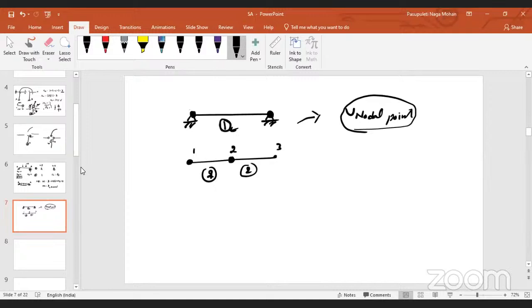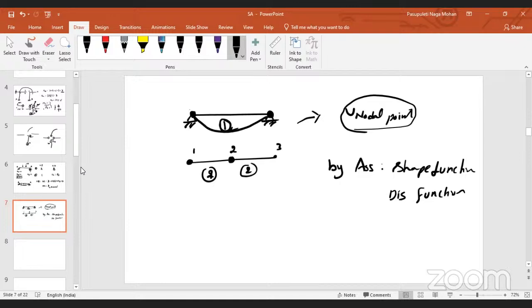After knowing the nodal point displacements, what will we use? We will assume a shape function, or we will consider it as a displacement function. If you know the displacements at the nodal points, you can find out the displacement in between them by using the displacement function.